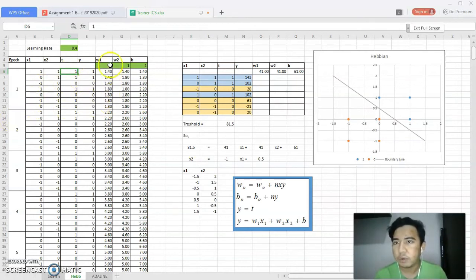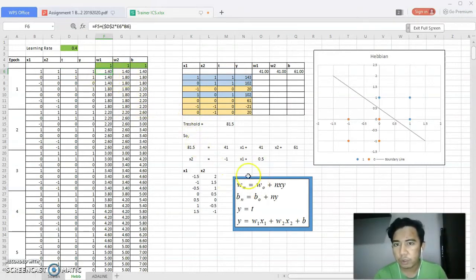So the initial weights for this method we already set to w1 equal to 1, w2 equal to 1, and the bias also 1. To start this method, we need to find the value of the new weight.